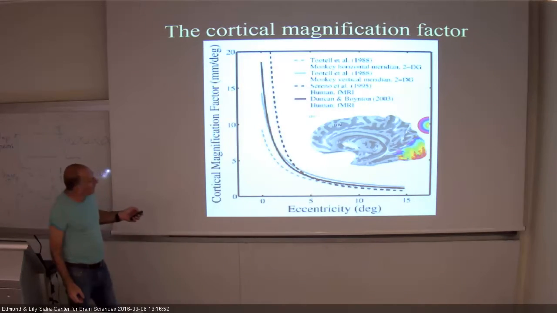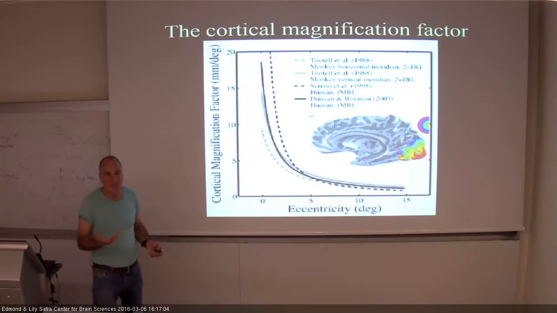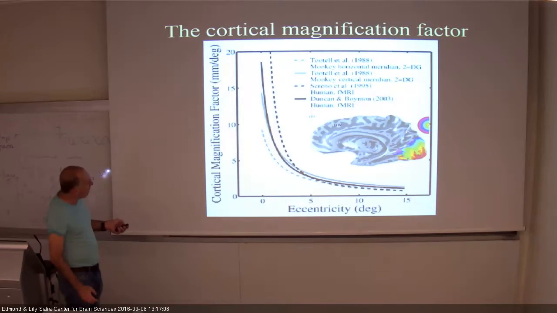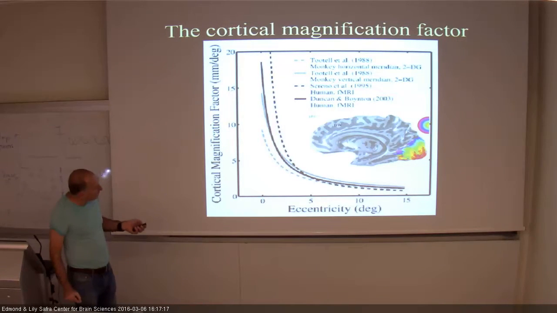Okay? Now, another thing to notice here is when you do this eccentricity mapping, you see that the red area is much bigger than the blue and violet areas, which correspond to the periphery here. And you can quantify this by what's called the magnification factor. The magnification factor says how much of cortex is devoted to the central, 0 would mean the center of gaze, and how much of it is devoted to the same degree at 10 degrees or 15 degrees.